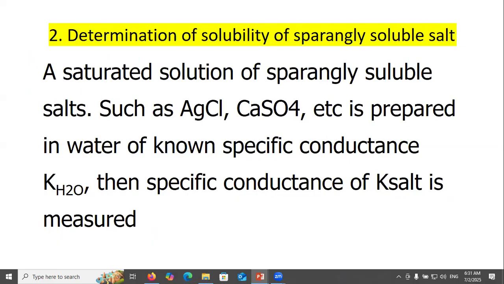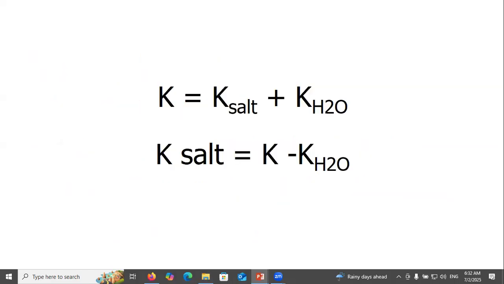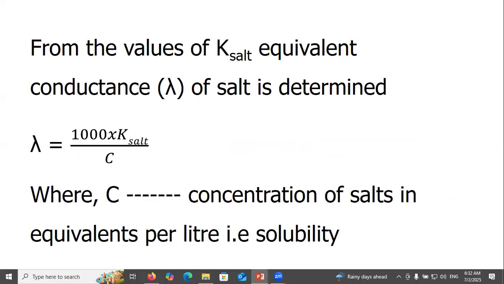Determination of solubility of sparingly soluble salt. A saturated solution of a sparingly soluble salt such as silver chloride or calcium sulfate is prepared in water of specific conductance K water, then the specific conductance of the solution K is measured. K salt equals K minus K water. From the value of K salt, the equivalent conductance lambda of the salt is determined.